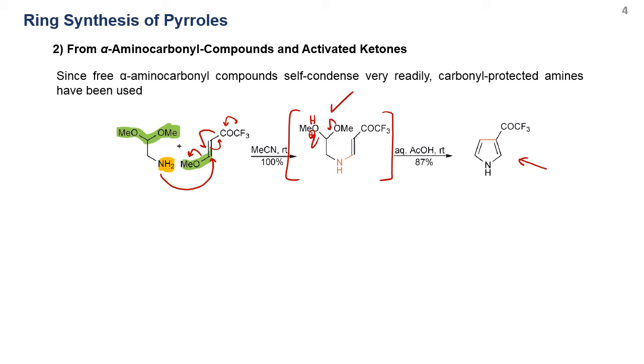And this will generate the good electrophile here that the enamine can now attack. And after removal of methanol, this will give you the unsubstituted pyrrole.